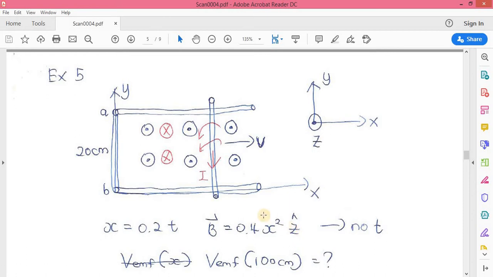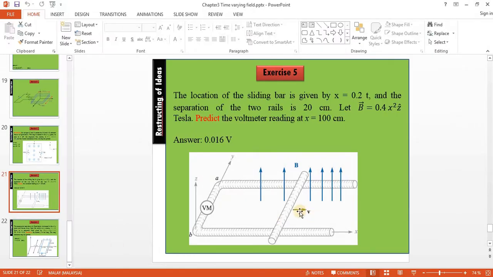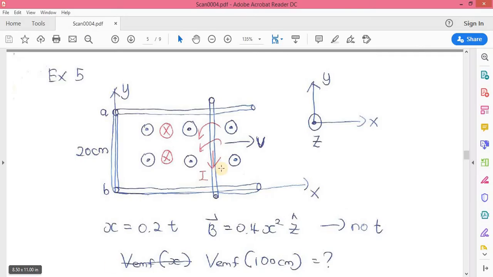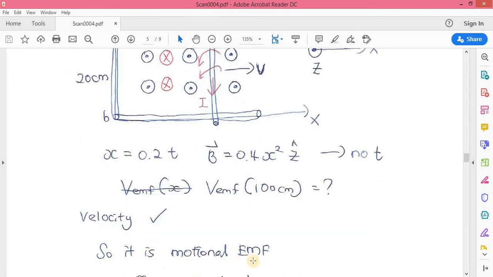If you refer to this equation, you will find that it doesn't contain any t, which means that this B is a fixed value. And if you refer to the question here, the bar is moving, because the v is given. So when the bar is moving, it is motional EMF.